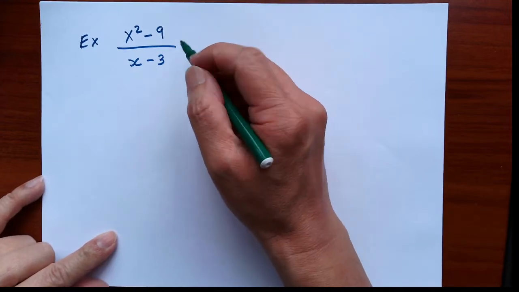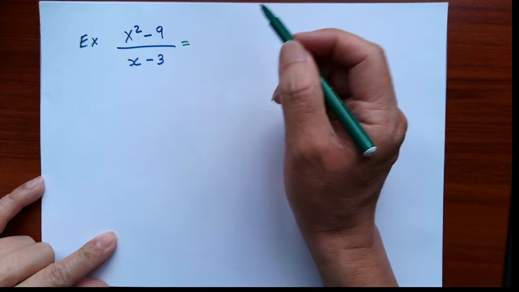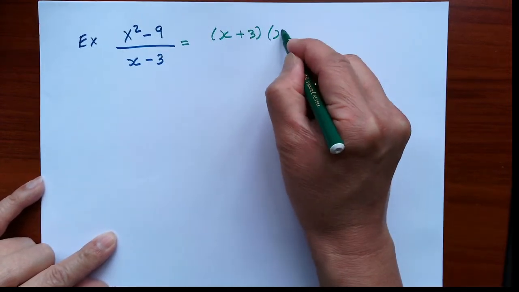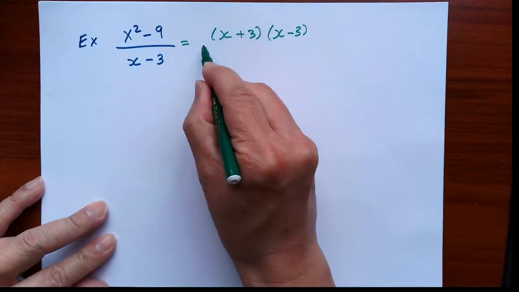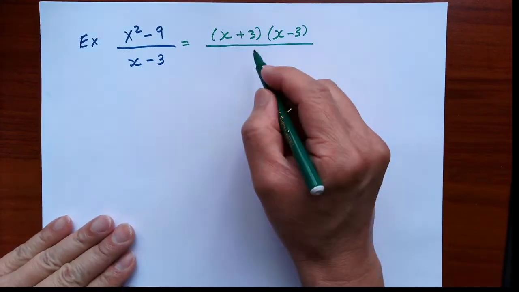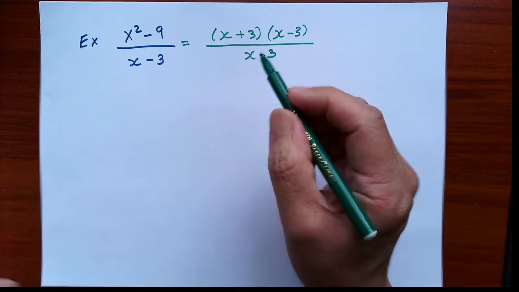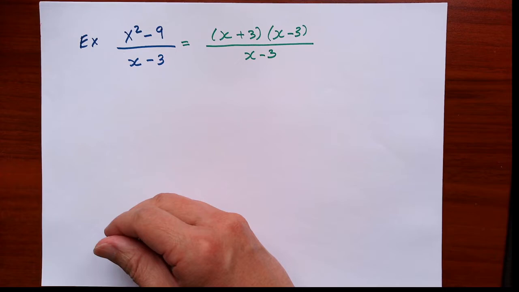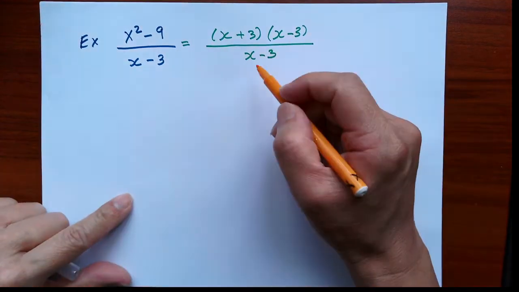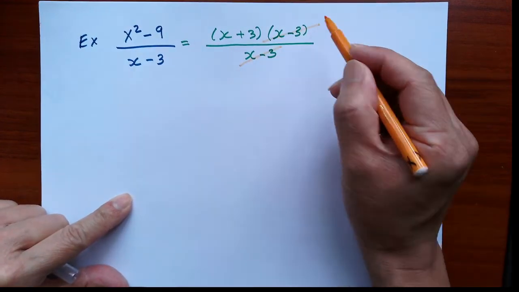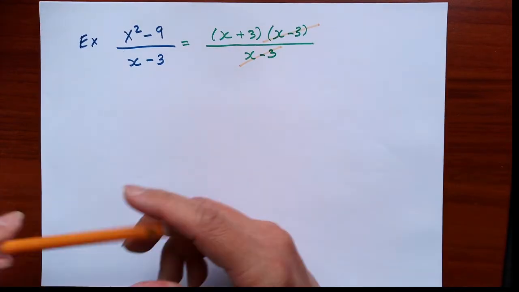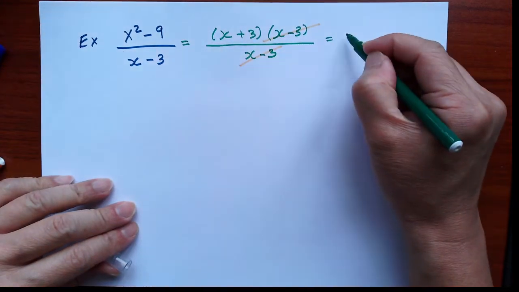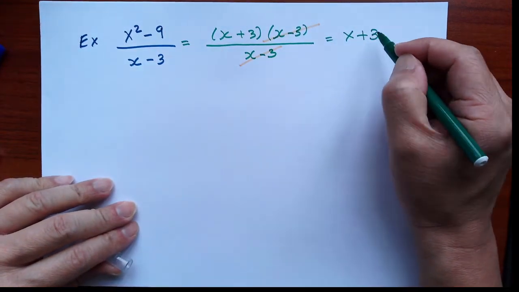We can factorize x squared minus 9 as (x plus 3)(x minus 3), and you notice that the x minus 3 cancels out. So you get a function that looks like this.